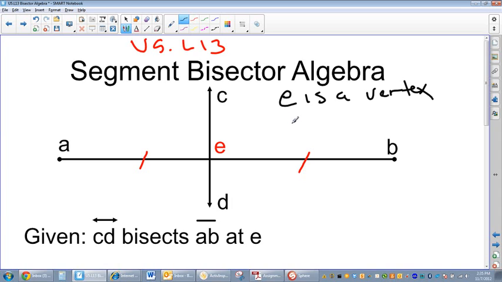And what are they? They're segments. Yes, segment AE is congruent to segment EB. Peter, what else do you see up there? Line AEB, yes, or we would call it line segment AB. Good.